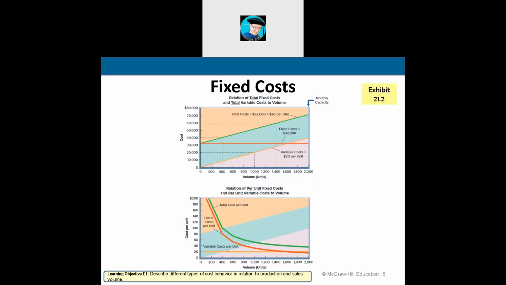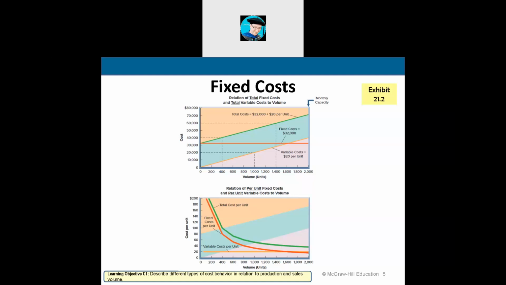A way to think about that is you take your total fixed costs and divide that by the number of units in order to get the fixed cost per unit. And the more units I sell, the lower that fixed cost goes. So fixed cost per unit, divide that by the total number of units that we sell.